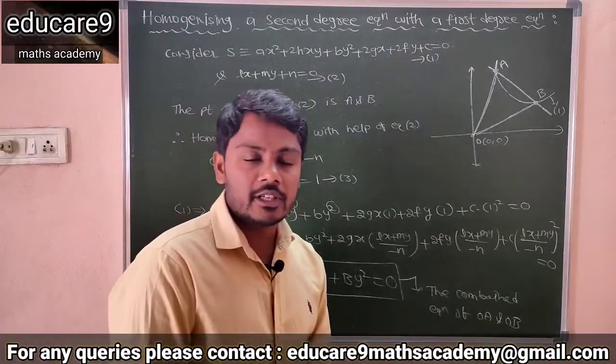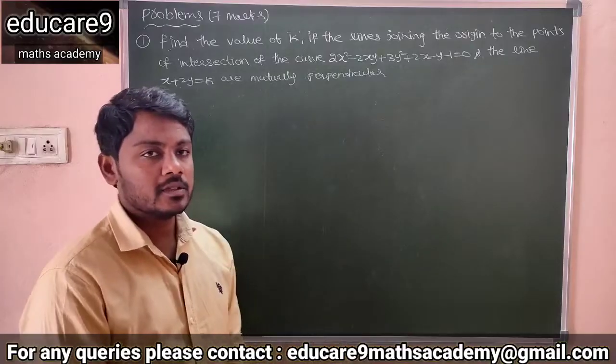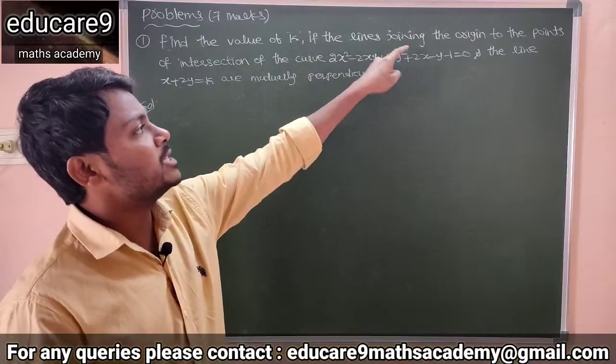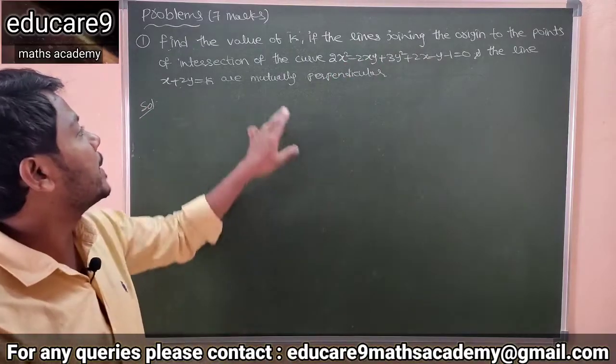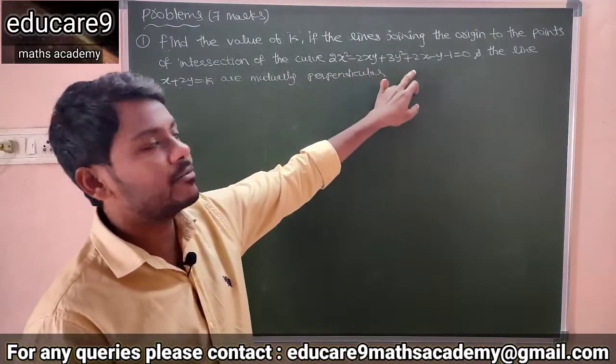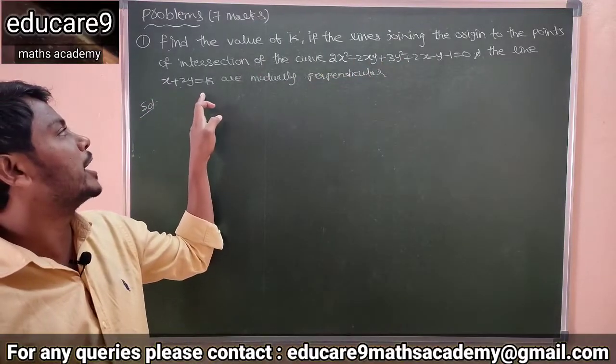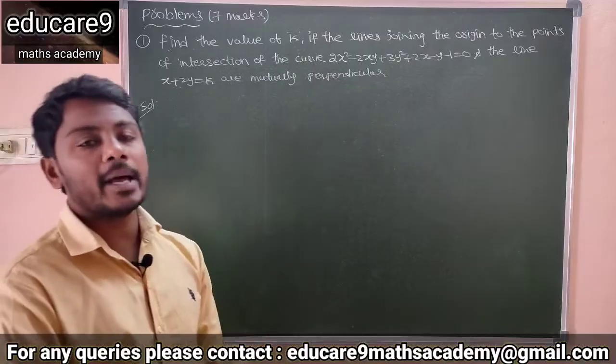Now we will discuss a few problems on this. See the first problem. Find the value of k if the lines joining the origin to the points of intersection of the second degree equation and the line x plus 2y equals k are mutually perpendicular.